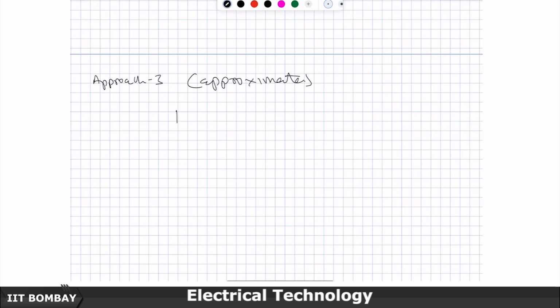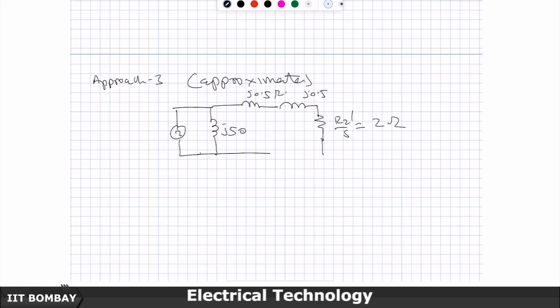Just like a transformer, we will assume that this x m, j 50, can be shifted here, and then the leakage reactance x 2 dash of 0.5 ohms, and R 2 dash by S, which is 2 ohms, and the 500 volts come in like this.